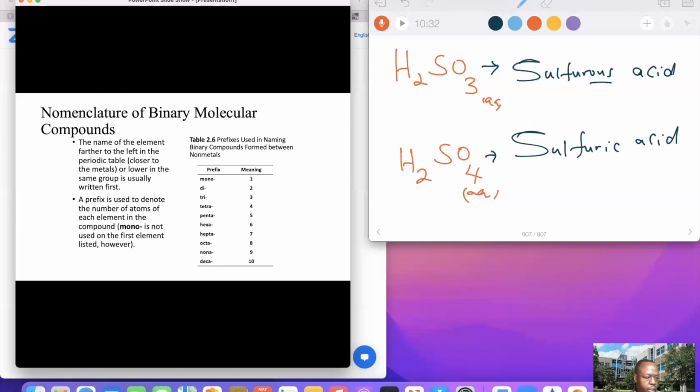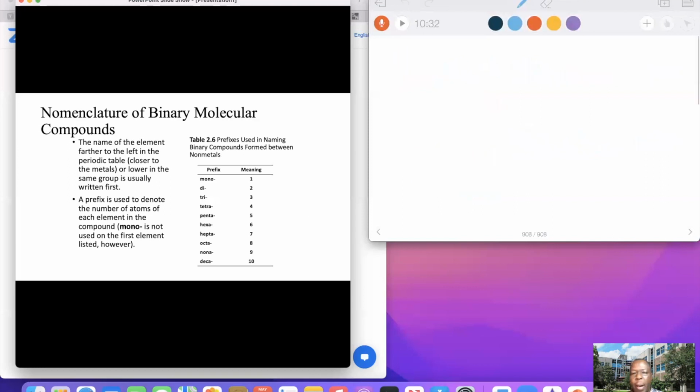Now, let's see, binary molecular compounds. When we say molecular compound, all right, molecular compounds are compounds made up of non-metals, all right?